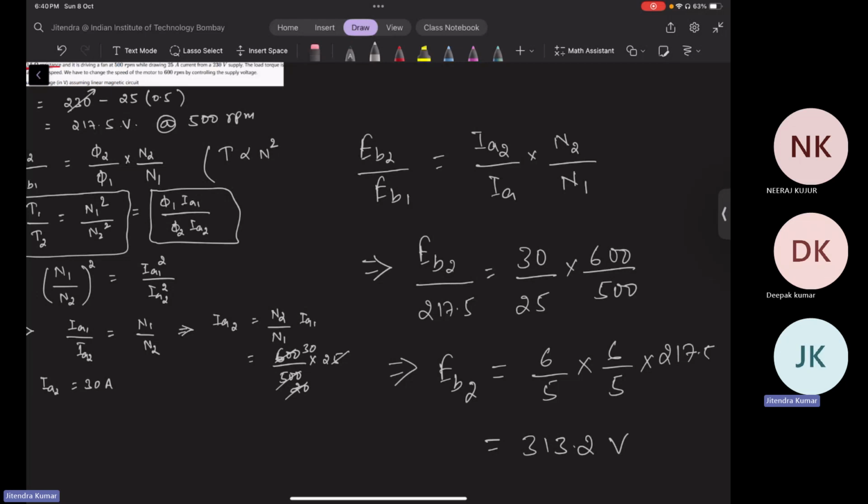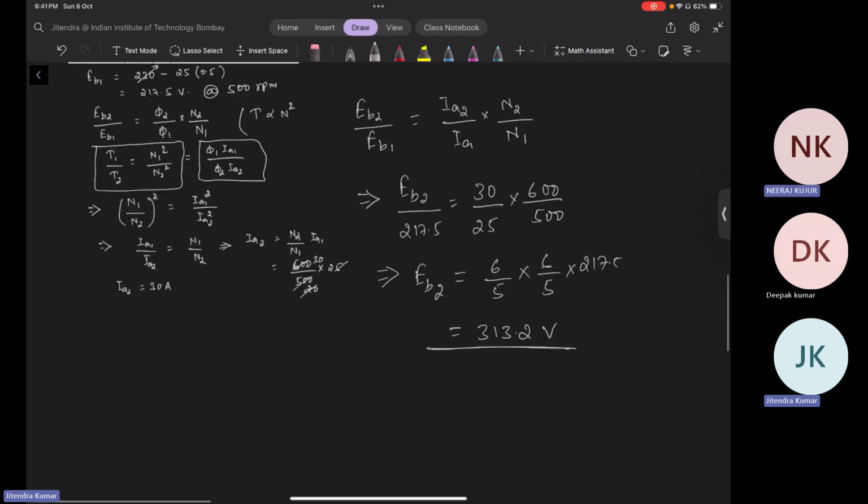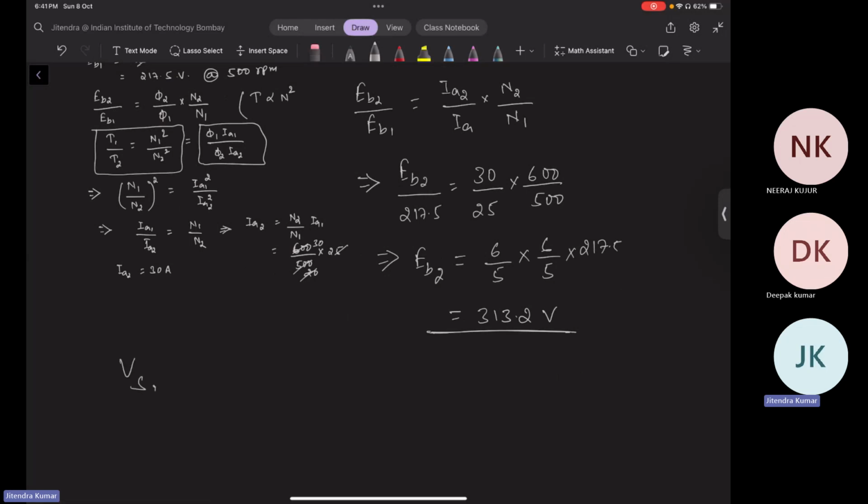Okay, so it is higher than that. How come? Okay, anyway, the back EMF has increased and exceeded the supply voltage. So that's why we need to apply a new supply voltage, which should be much higher than this back EMF, right? At least it should be higher than this back EMF. So for this back EMF, we will have EB2 plus IA2 into R, and it will be 313.2 plus IA2 is 30 into 0.5.